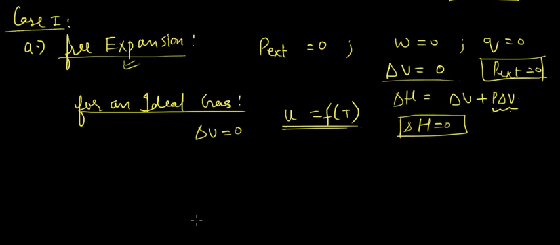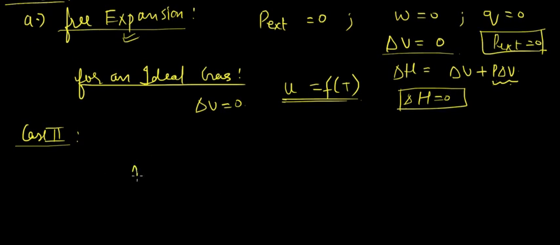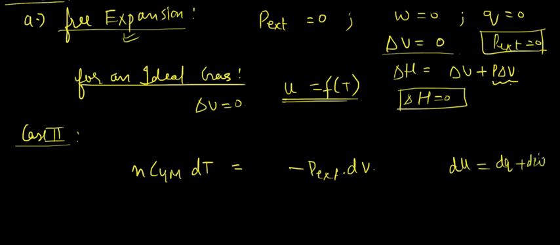Now let's see case number 2. In case number 2, we know that n C_V,m dT is equal to minus P external dV. Why are we writing this? Because dU is equal to dQ plus dW. In the case of an adiabatic process, dQ would be 0, hence dU can be written as dW, and for an ideal gas, dU can be written as n C_V,m dT, and dW can be written as minus P external times dV.